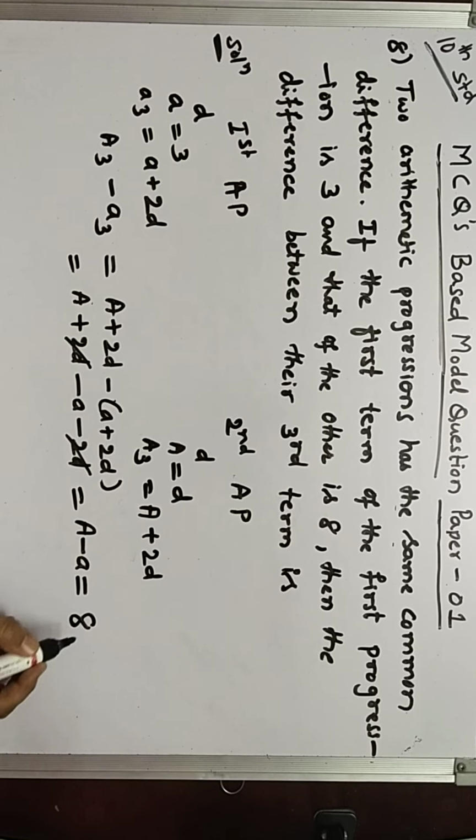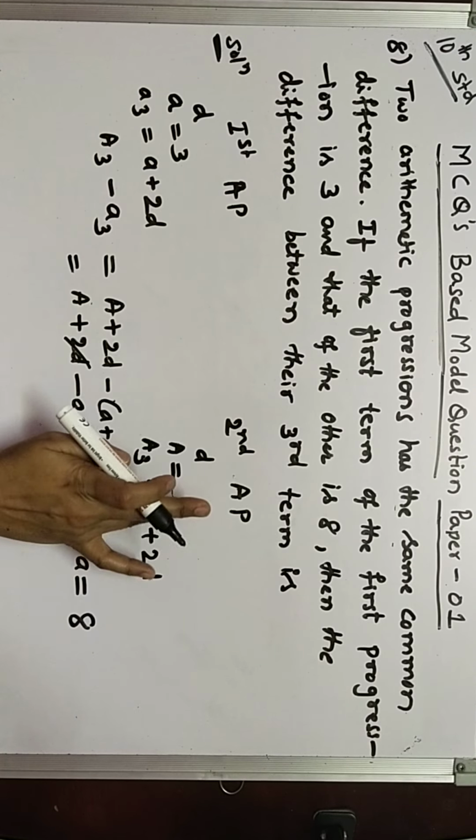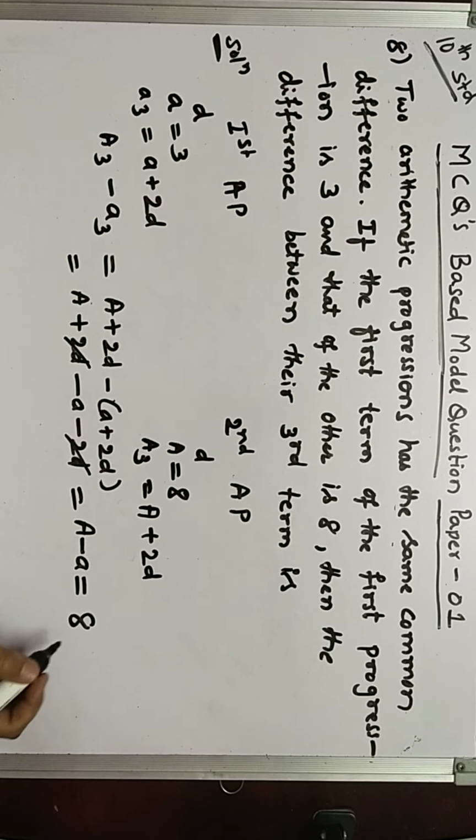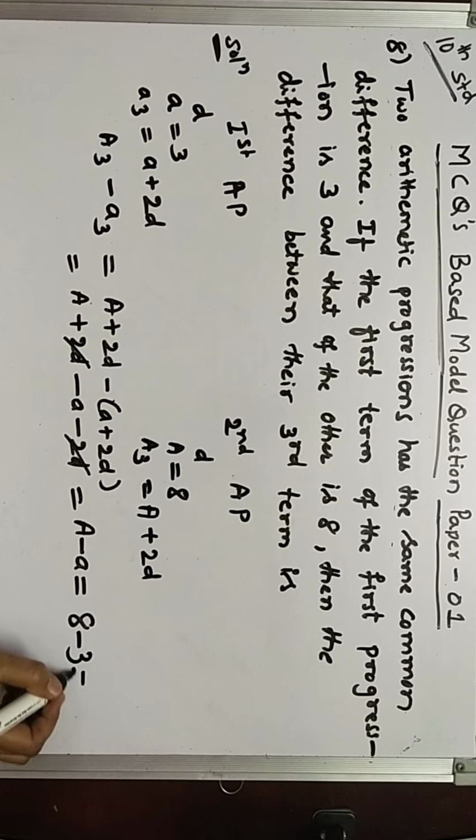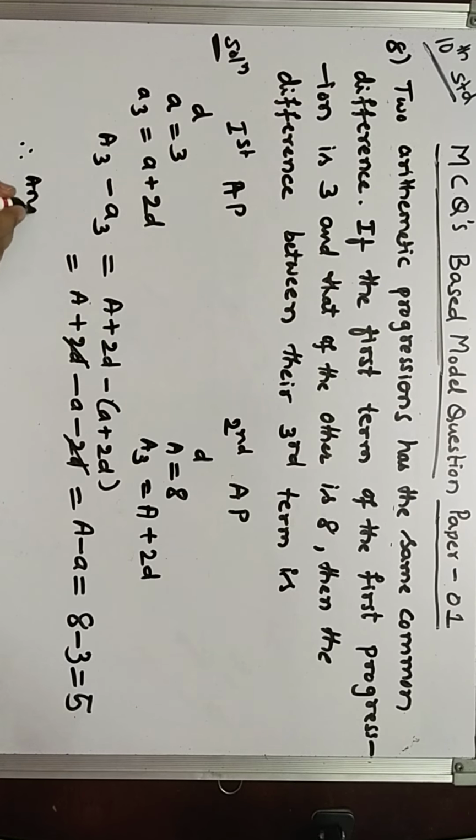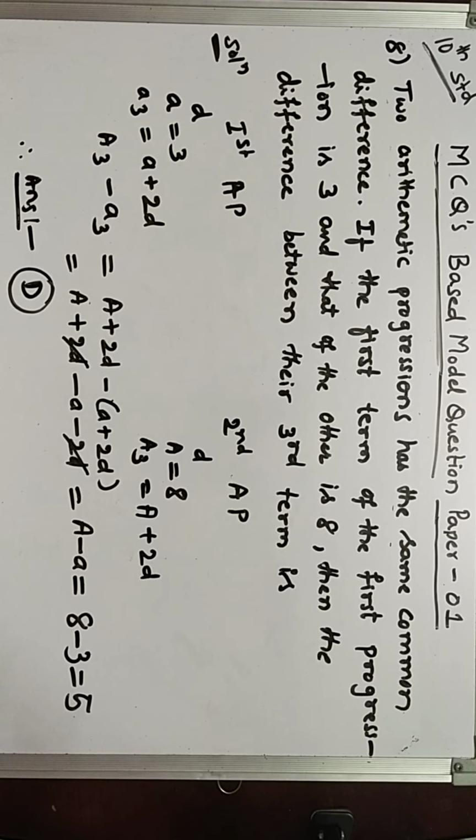Capital A is 8 and small a is 3. So the answer is 5. So option D. The difference between the third terms of the two APs is 5.